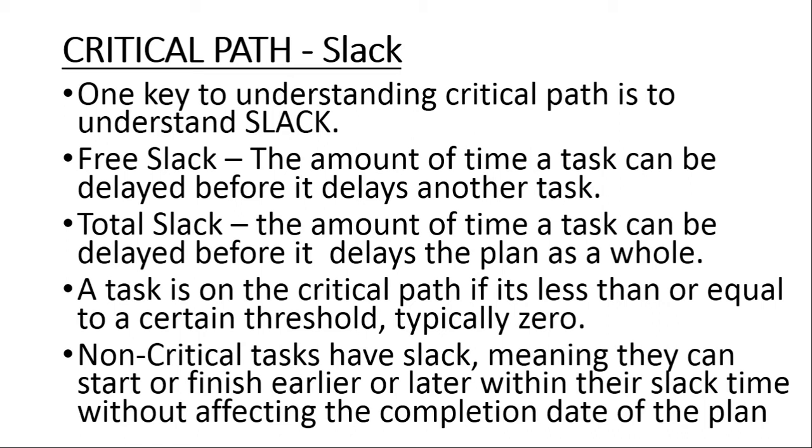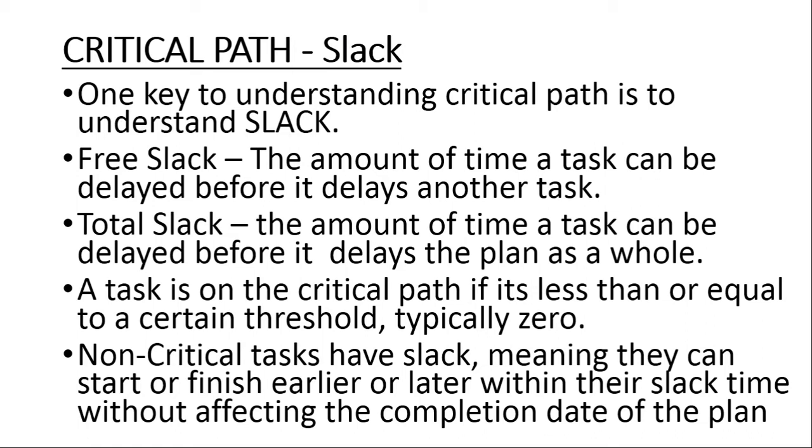So when we talk about slack on a project plan, we are talking about the flexibility of a task to start and finish without affecting the end date of a project. When we look at a single task, we say it has got slack if it doesn't affect the next task or the whole project plan.